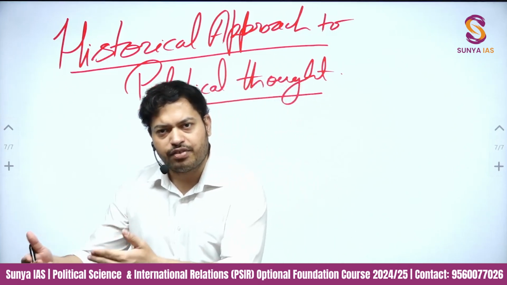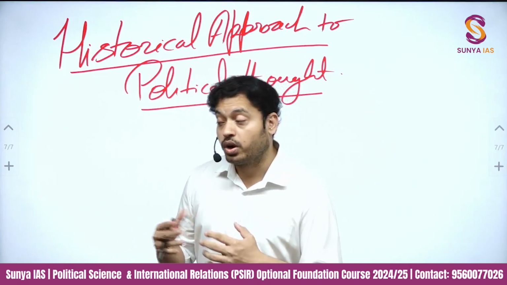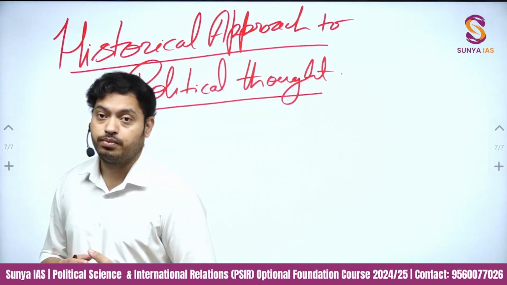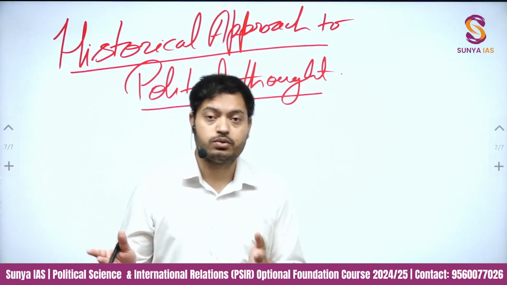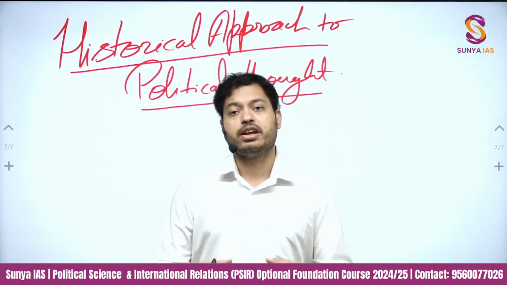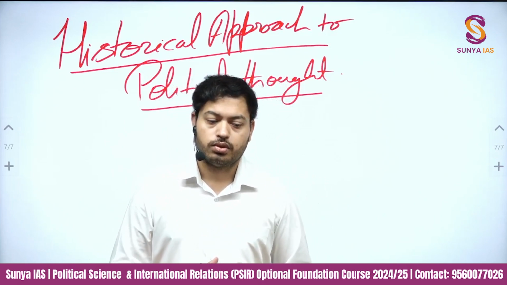And from there, if I build the whole idea of what is rationalism, what is pragmatism, how a ruler should behave, how an individual should behave, it will surely make a lot more sense to you.